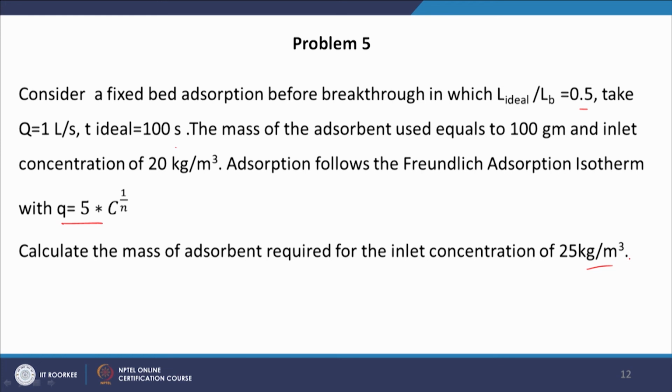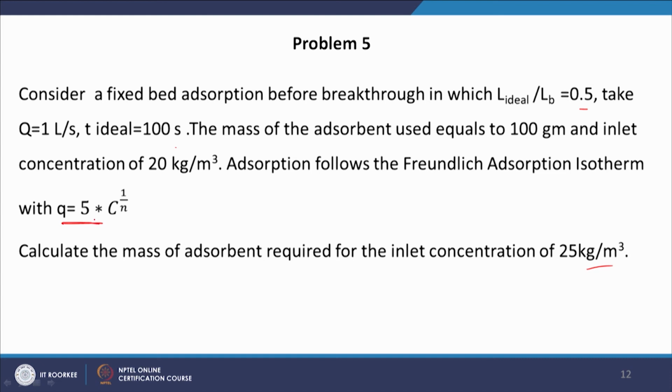So, it is again a problem of adsorption-based process. We have a fixed bed, and L ideal by L b, the total length, is given. Flow rate is given, T ideal is given, the mass of the adsorbent used is also given, and the initial concentration is given, and the formula for the specific uptake is also given.